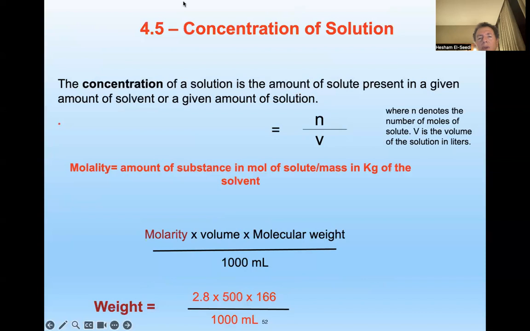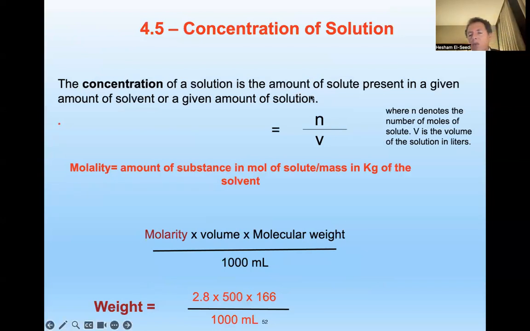Then we go to another equation about the concentration of the solution, right? So it is the amount, as I explained to you before. This is a really concentrated solution, as I have told you.